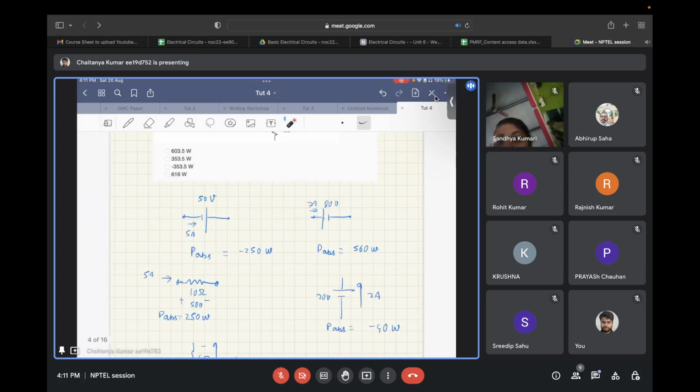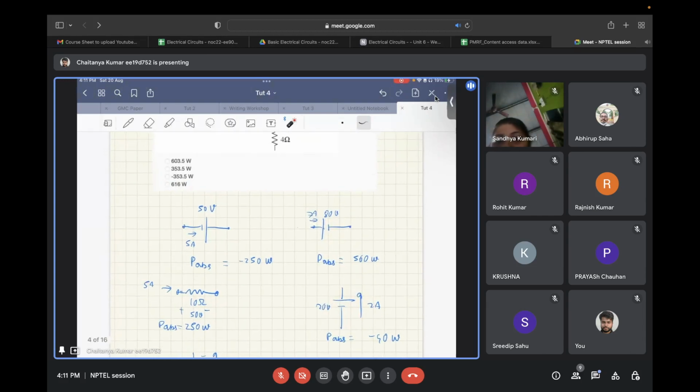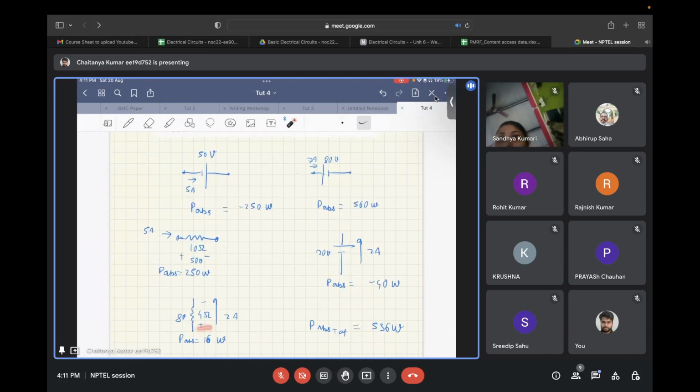And so, if 2 amperes is flowing out of the positive terminal of the 20 volt battery, the power absorbed will be minus 40 watts. And finally, for the 4 ohm resistor, the power absorbed will be 16 watts. So the absorbed power comes out to be 536 watts in total.